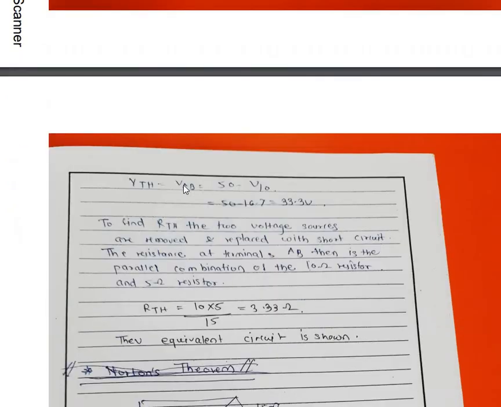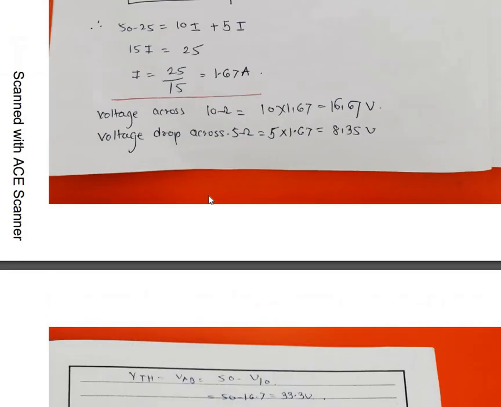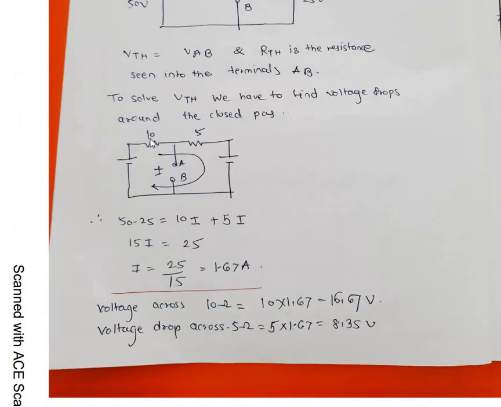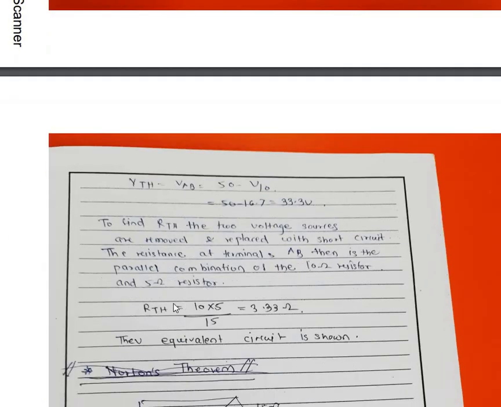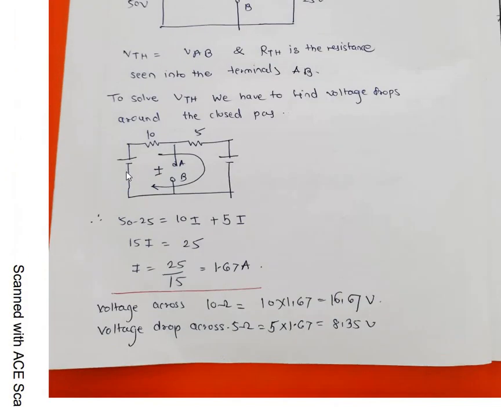Now we want VTH, that is VAB. So VAB will be 50 minus the drop across this, that will be your voltage. So here it is 50 minus V10, that is 50 minus 16.7, 33.3. RTH will be equal to this: this is shorted, this is shorted, therefore 10, and this is open.